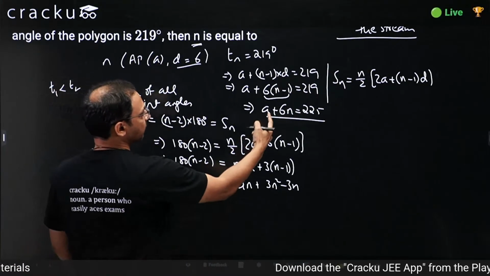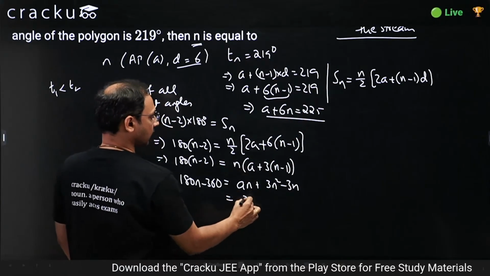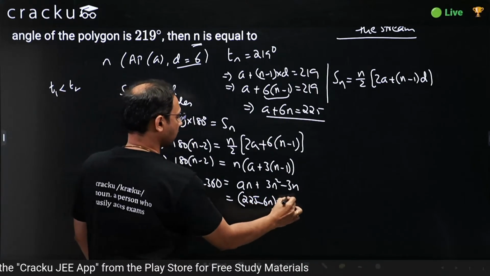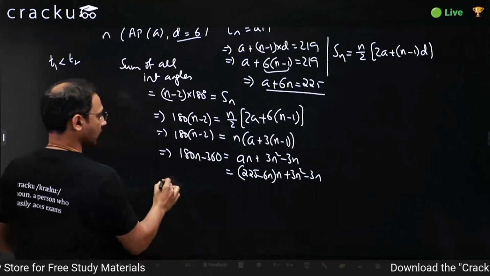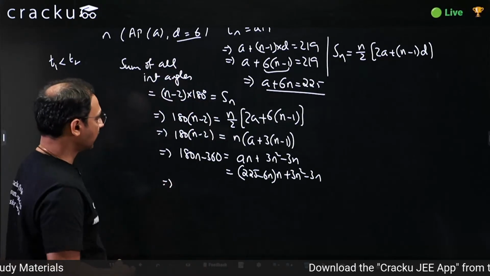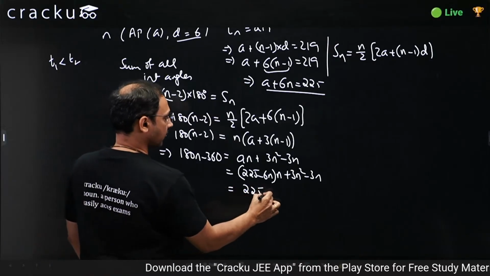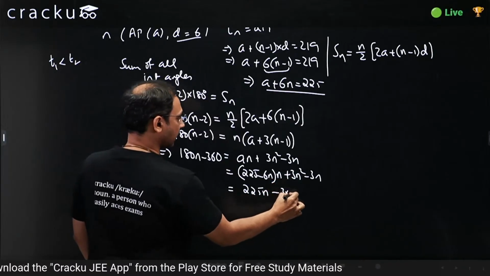So from here, let me take the value of a. So I would get 225 minus 6n into n plus 3n square minus 3n. So we get a quadratic in n. Let us simplify this. So we get 225n minus 6n square plus 3n square will become minus 3n square.